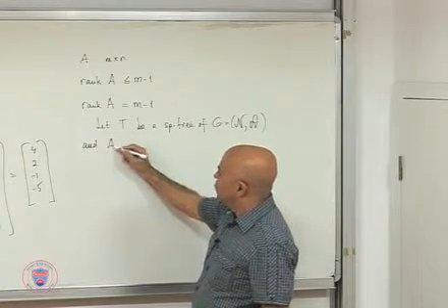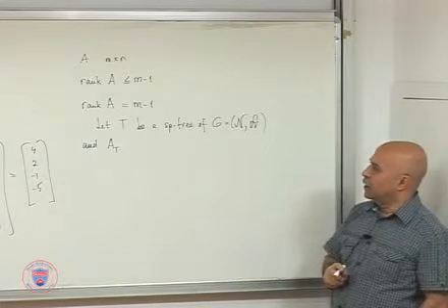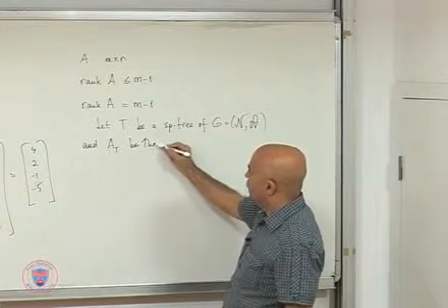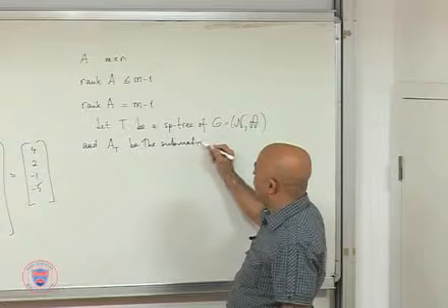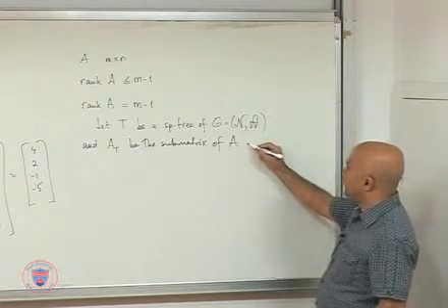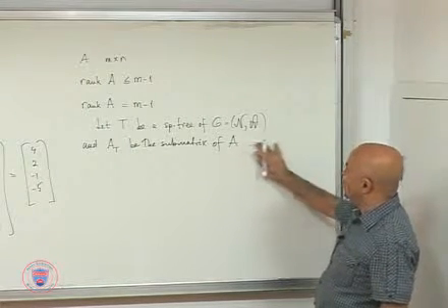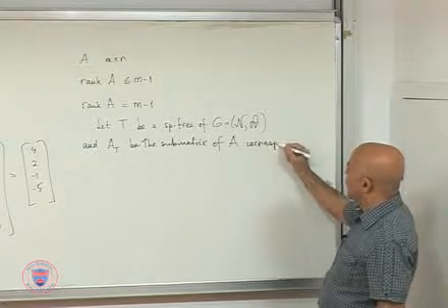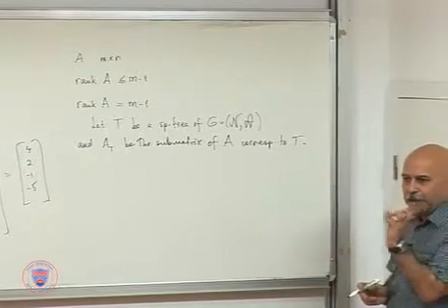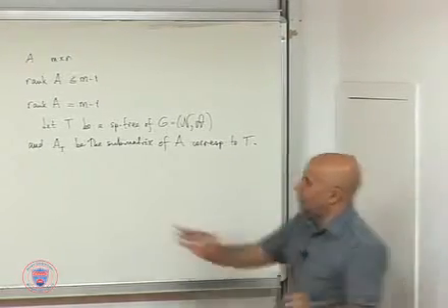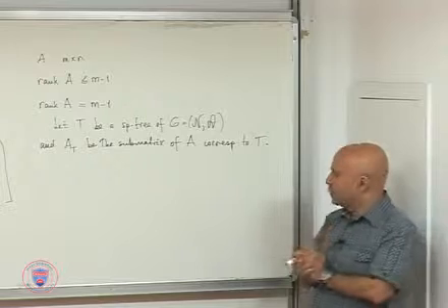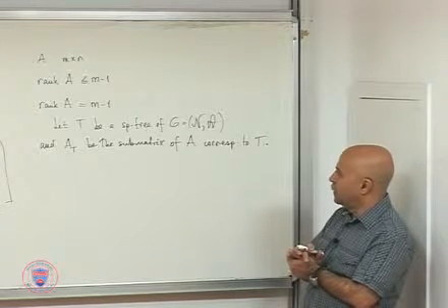And let's just isolate the columns associated with the tree into a submatrix A sub T. So A sub T is the submatrix of A corresponding to T. What do I mean by corresponding to? Whichever arcs are in the tree, you pick those columns and put them in A sub T. Any arc not in the tree, you just leave it out. That's what that says. Okay.